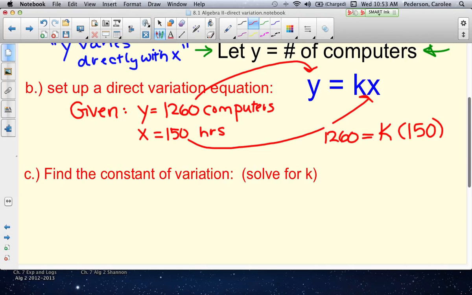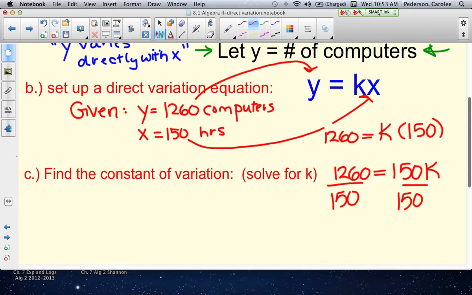So 1,260 equals 150k. We have to solve for k, so we have to undo that 150. The 150 is multiplying by k, so we have to divide both sides by 150. The 150s will cancel, and then our k equals 8.4.